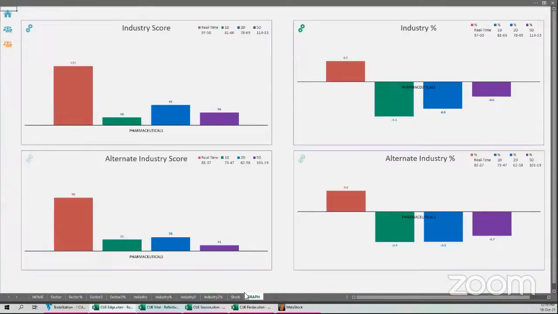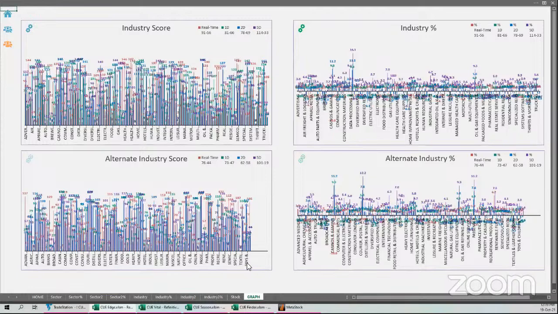Lastly, the graph tab. When we look at all the industries in the graph tab, it is not legible. It is cluttered. That's not the way to use it. It was designed to look at maybe 1, 2, 3 industries side by side.